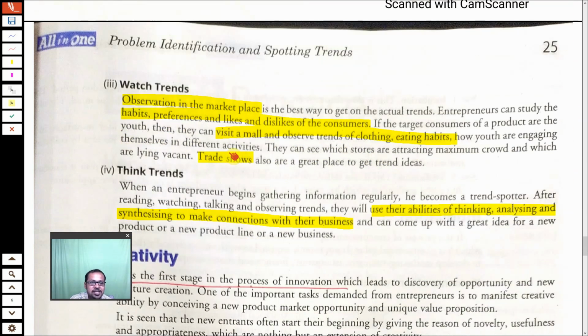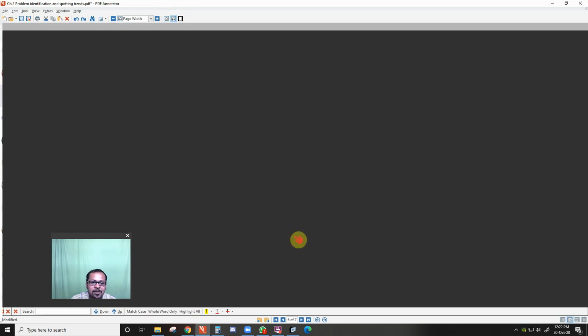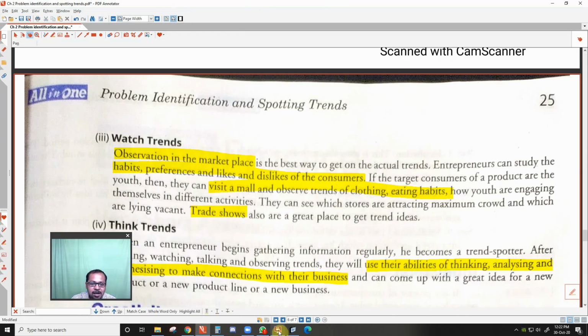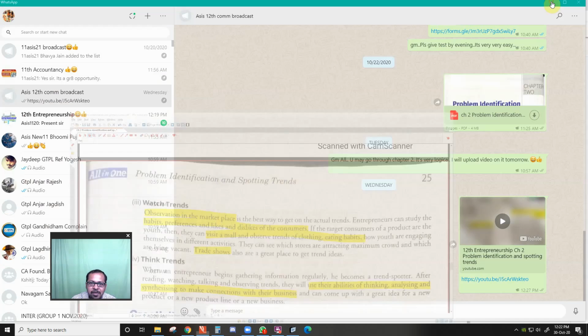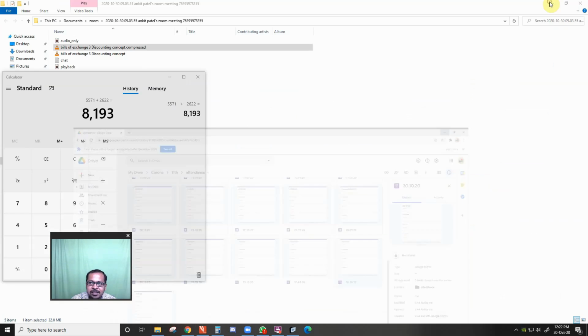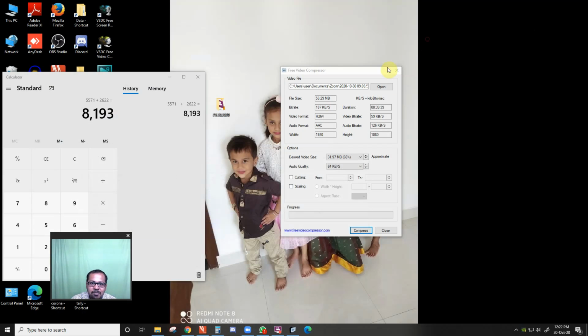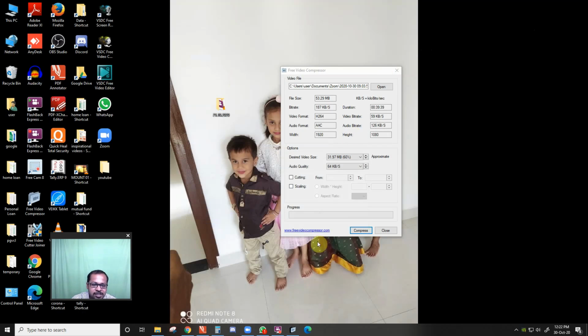Then next is watch trends. You can observe your marketplace, you can observe habits and preferences of consumers. So many things are possible. Okay, so we need to keep many things in mind so that we get the best possible strategy about our business.